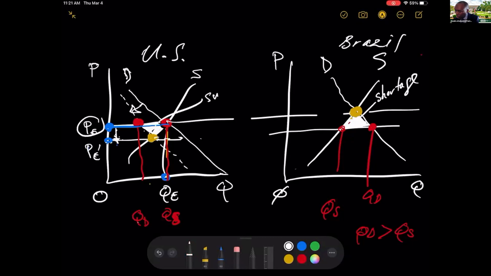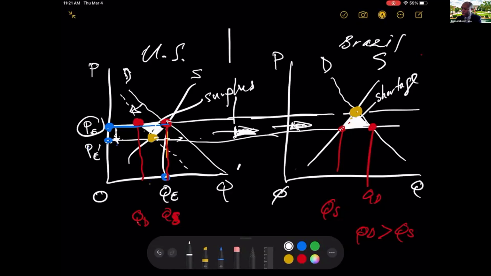This represents a surplus. So then it's logical for you to say, okay, I want to take my surplus and move it to Brazil because they have a shortage. I have a surplus, and it's logical for me to go and find an overseas market. That would be the logical thing to do.